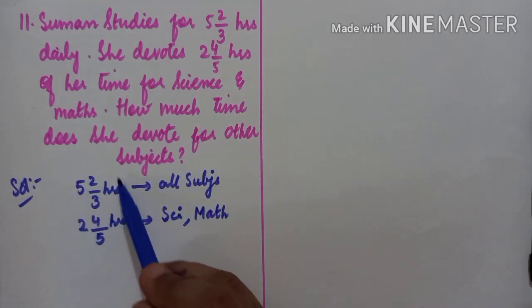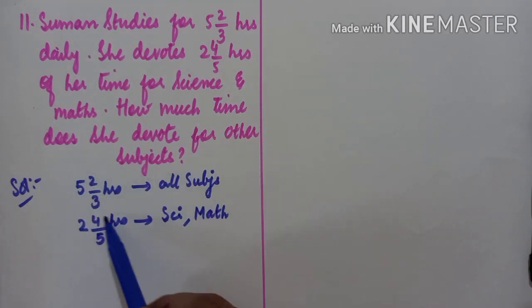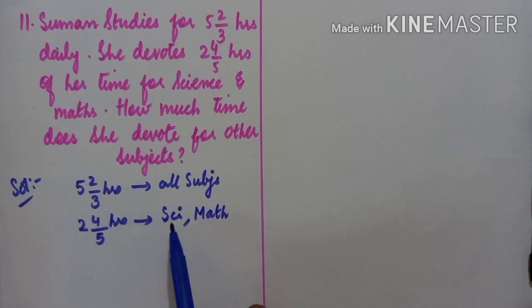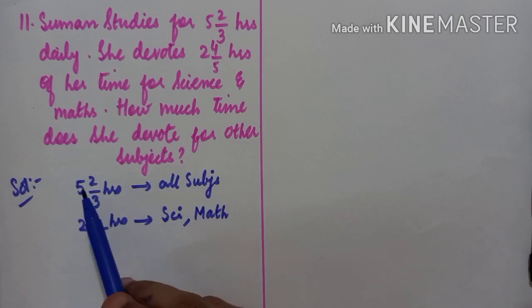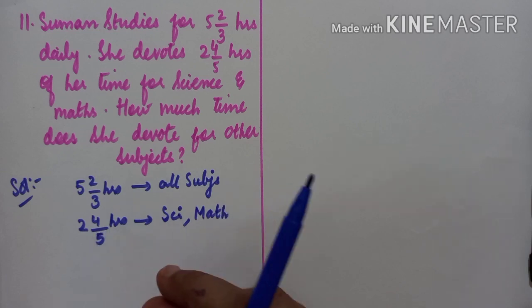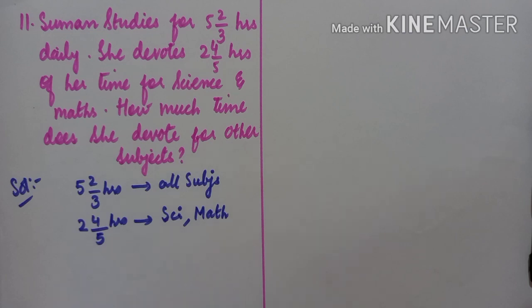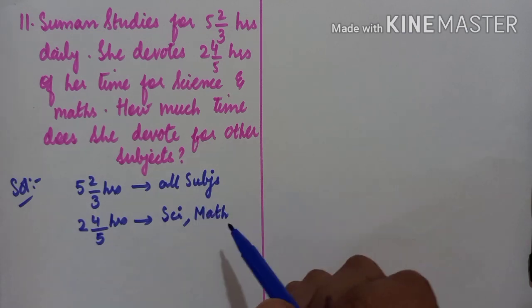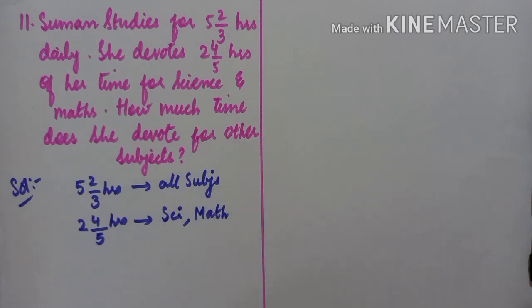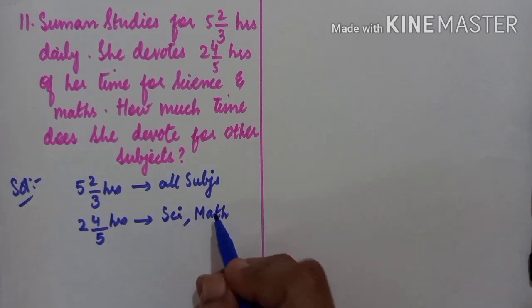Out of this total time, she is giving this much time for science and math. So if you subtract this time from that time, you will get the remaining time she is giving for the other subjects. Other subjects can be social, English, Urdu, computers, whatever the other subjects other than science and maths.